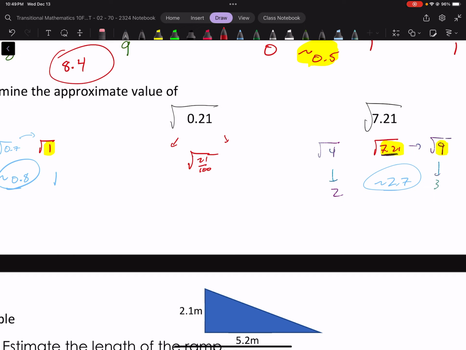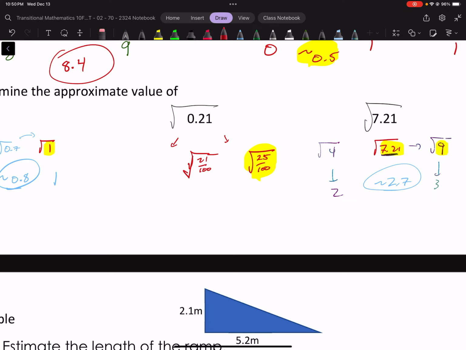Make sure that my radical goes all the way underneath there. Then I think of a perfect square just above 21 hundredths. And in fact, I'm thinking of 25 hundredths. Now remember, both the numerator and denominator need to be perfect squares. Well, I would call this maybe the advanced class of approximating square roots.